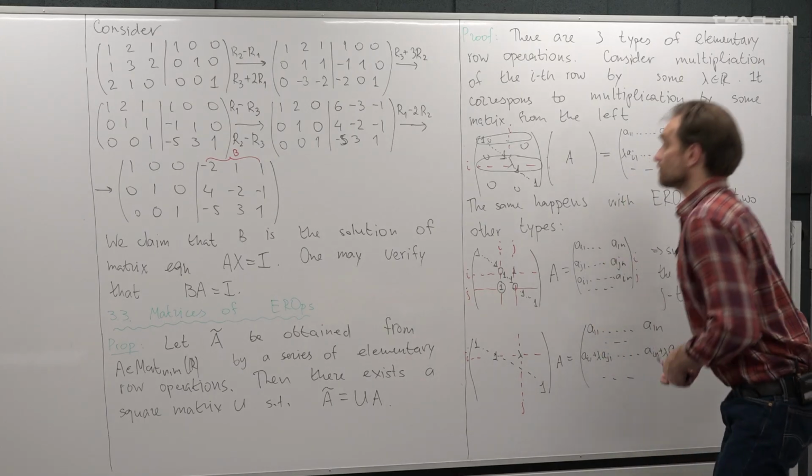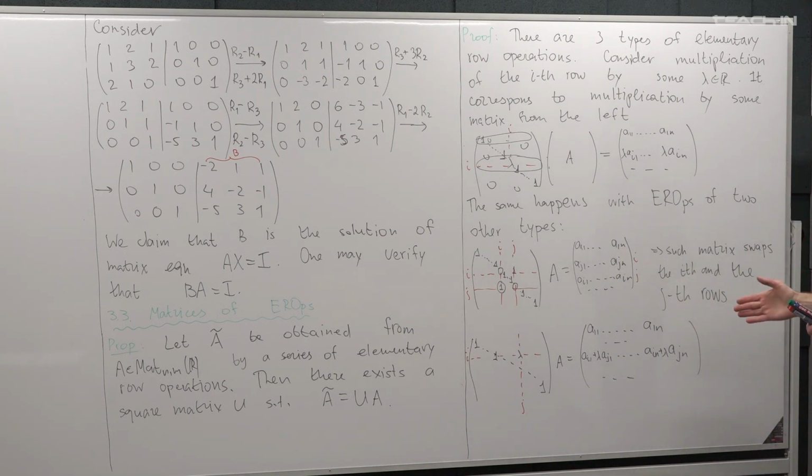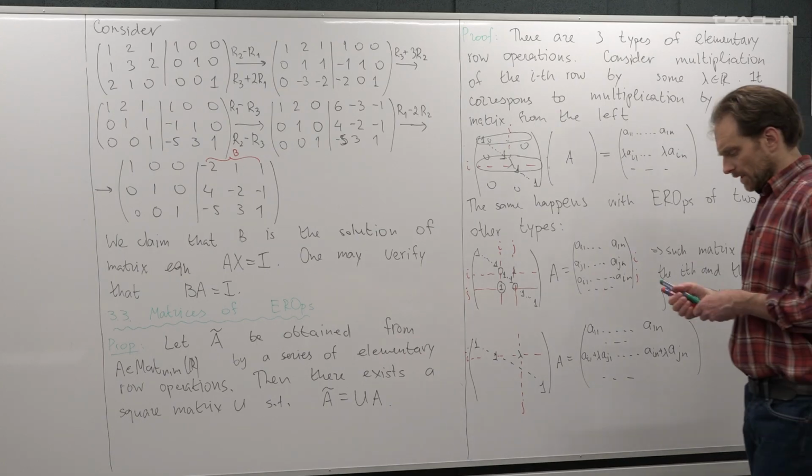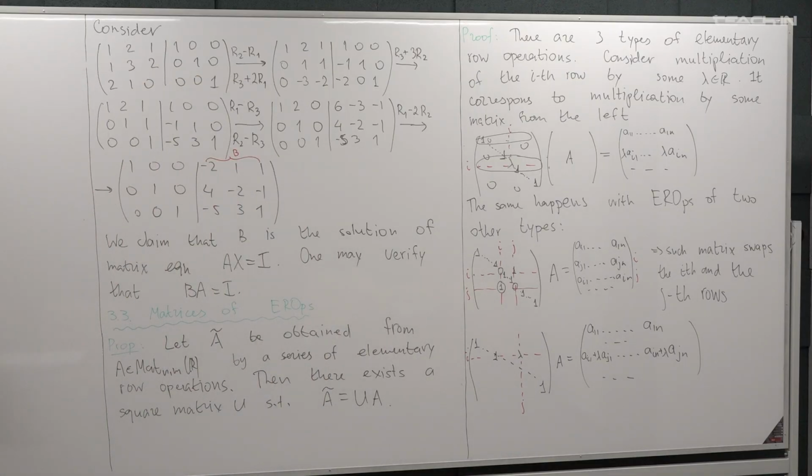So we see that every elementary row operation corresponds to multiplication by some matrix. Let me just write it explicitly.